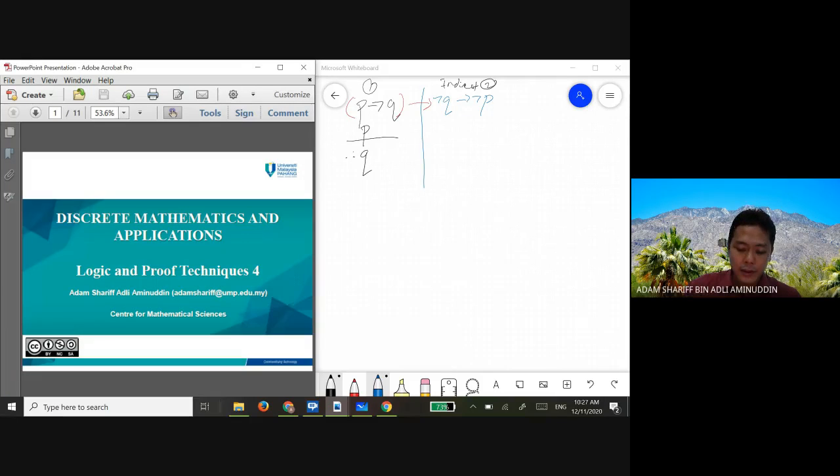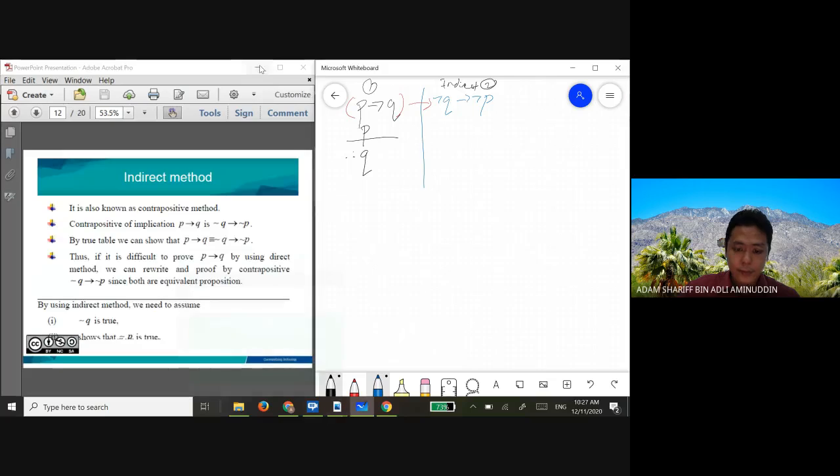So for the indirect form, we assume we change first into not Q implies not P. You show not Q as a conclusion not P. However, this argument on the right will prove the left is correct because it is logically equivalent.